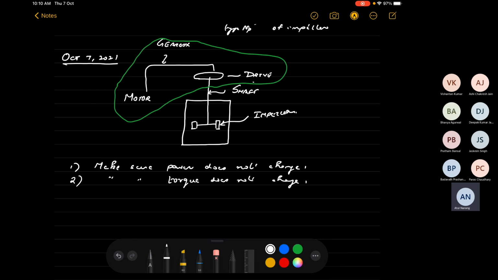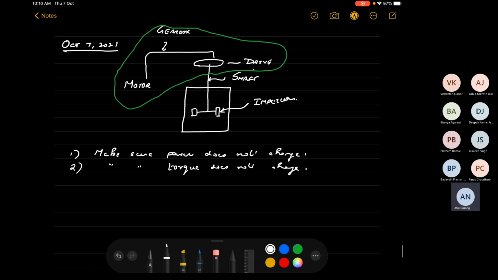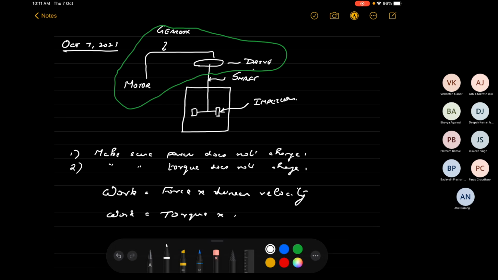This is sort of the rule of thumb you use when you go ahead. So ultimately, the main point here is that just as work is equal to force times linear velocity in a mechanical system that is moving linearly, in a rotational system like this, work is equal to torque times angular velocity.